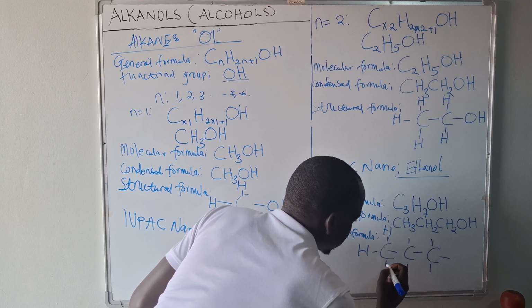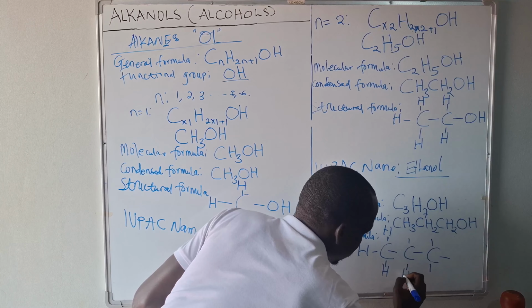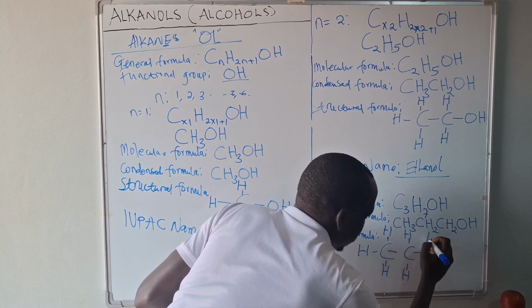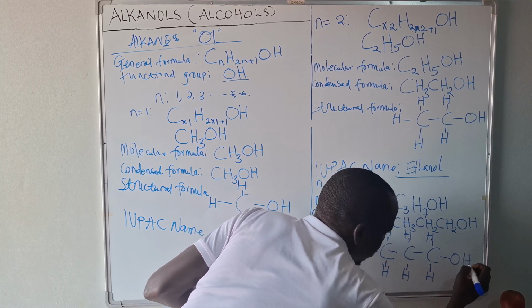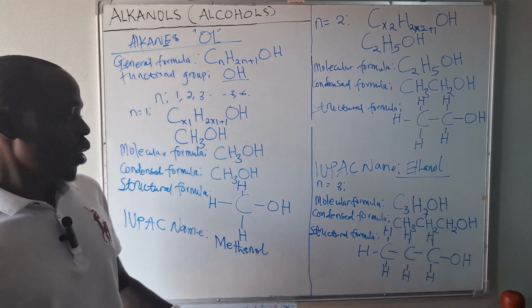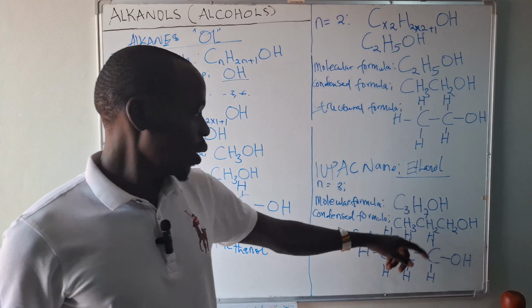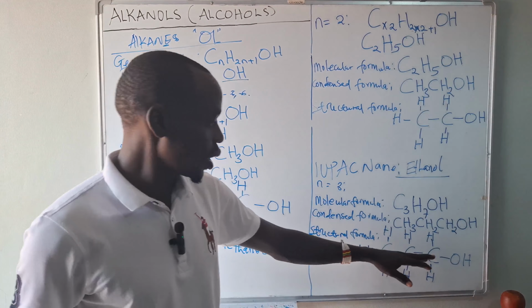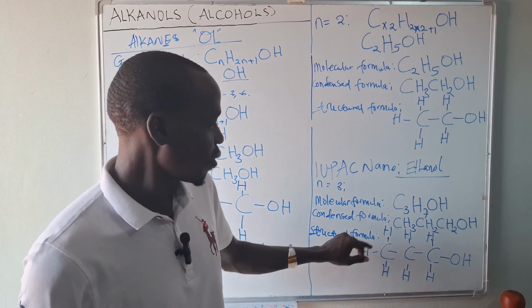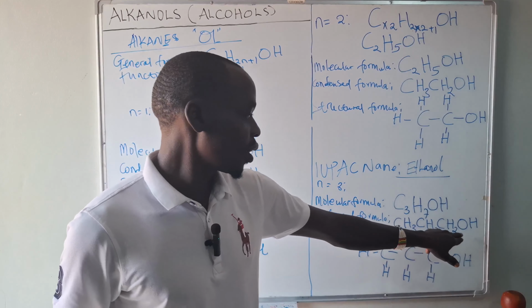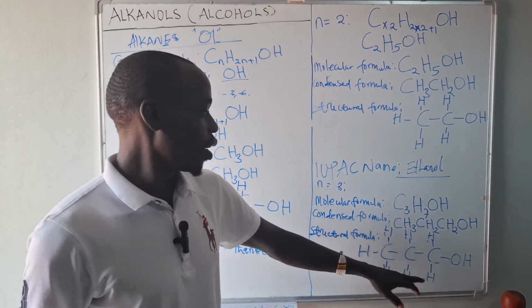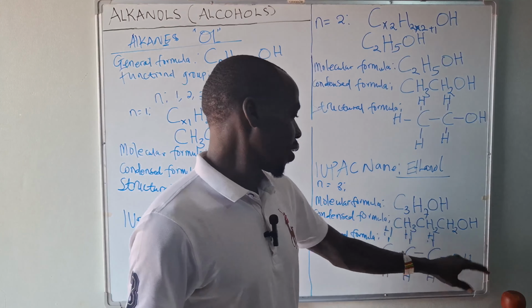Shall make it this way. Then the OH attached there. So this is exactly this one, but this is the structure, showing the arrangement. So I have 1, 2, 3, 4, 5, 6, 7, 8 hydrogens. The same, 3 plus 2, 5 plus 2, 7 plus 1, 8. And we have oxygen 1 here.